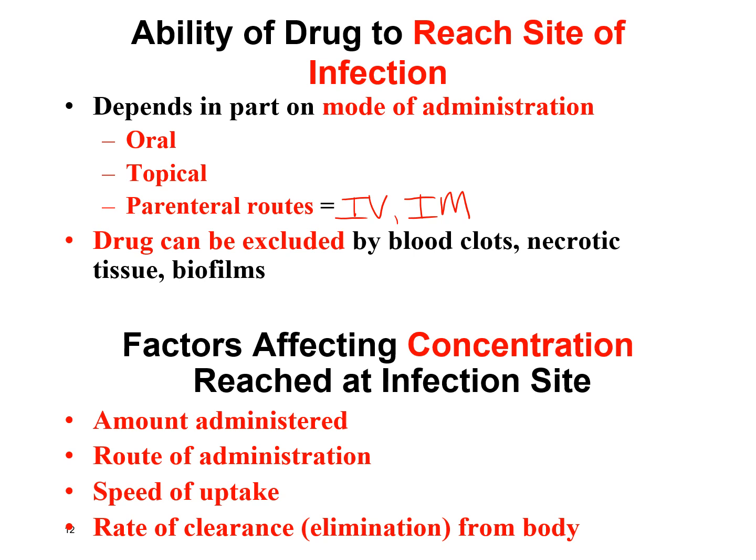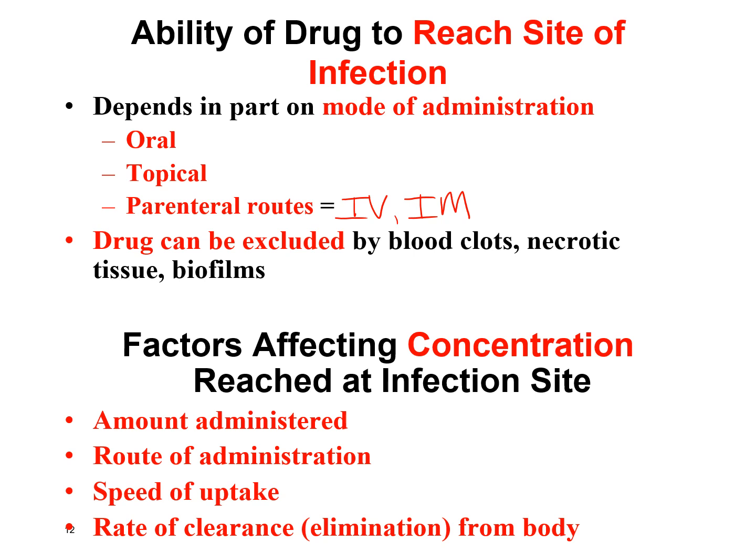So for example, if you have a patient with pneumonia, you would not choose to give the antibiotic topically, because there is no way a topical antibiotic would reach the lungs and treat the infection. So you probably would choose one of the parenteral routes, most likely, or possibly an oral medication.